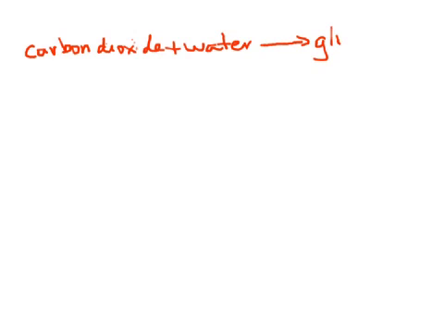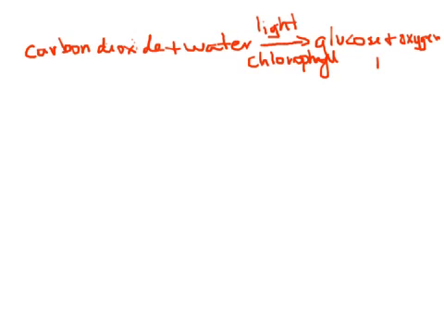The word equation that describes photosynthesis looks like this: carbon dioxide plus water reacts to make glucose plus oxygen, using light and chlorophyll. The plant also makes some extra water as part of the process.